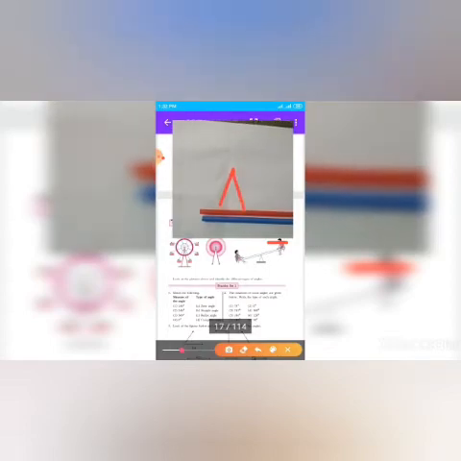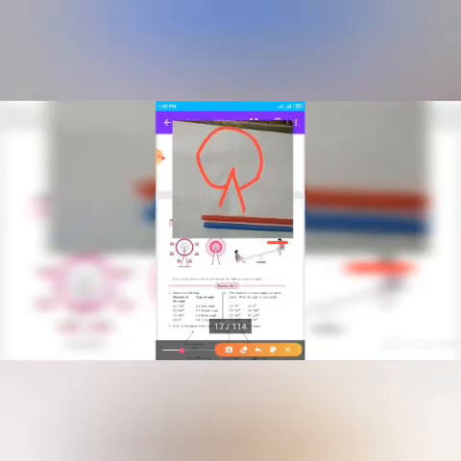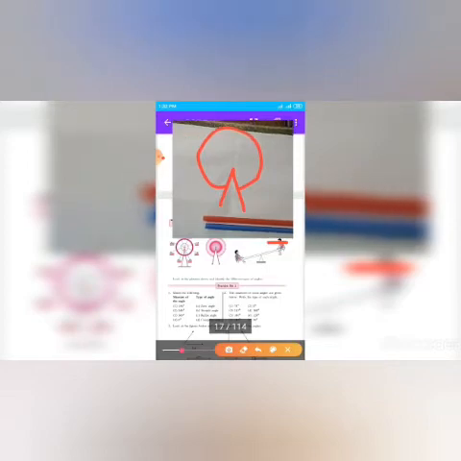In that picture there is a reflex angle. In the third picture there is a straight angle.